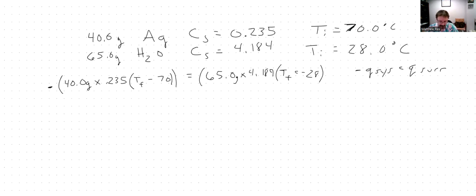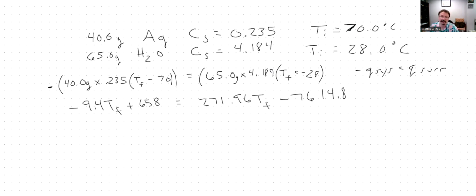So we only have, again, one variable. 40 times 0.235 gives me negative 9.4 TF plus 658 equals 271.96 TF minus 7,614.8.